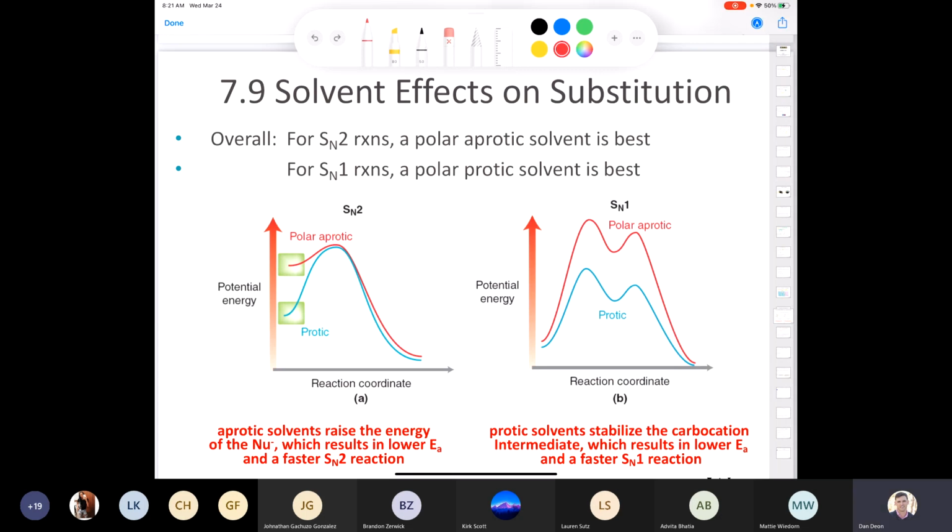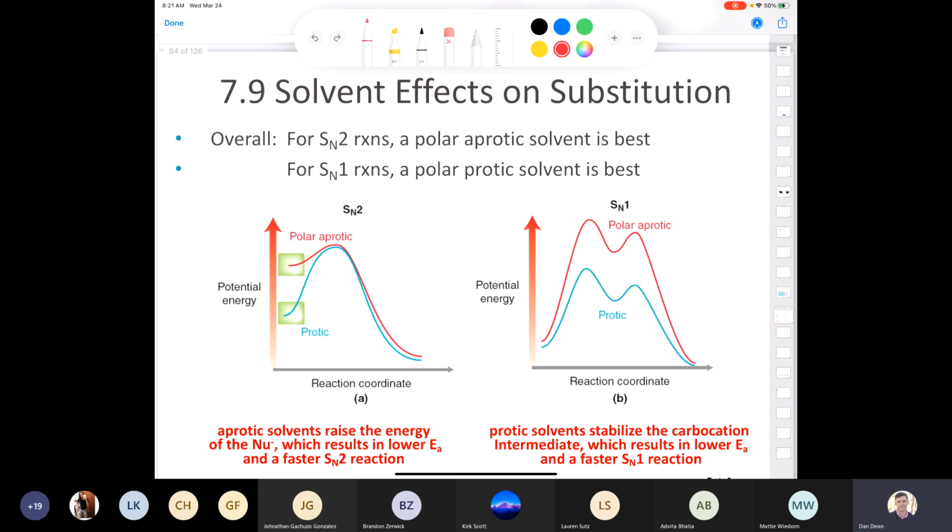A polar aprotic solvent. And I said that the reason why is that they can stabilize a positive charge, but they can't stabilize a negative charge, right? They're very poor at stabilizing negative charges, which renders the nucleophile higher energy, right? So that's my nucleophile is going to be higher energy.